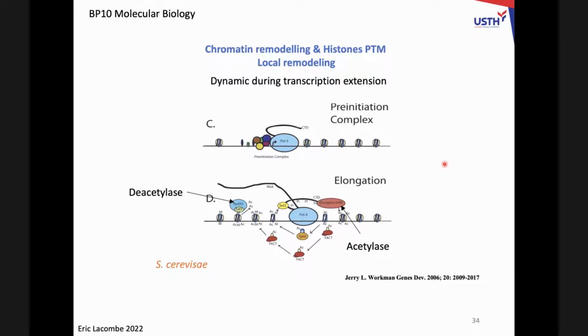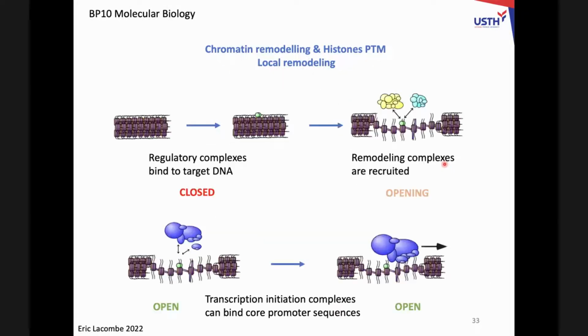So, combining the two figures, I'm not sure if I understand correctly. The one on the previous slide, this one. As I understand it, at the beginning of this figure, the chromatin is compact, heterochromatin, very, very compact, twirled and all of that.